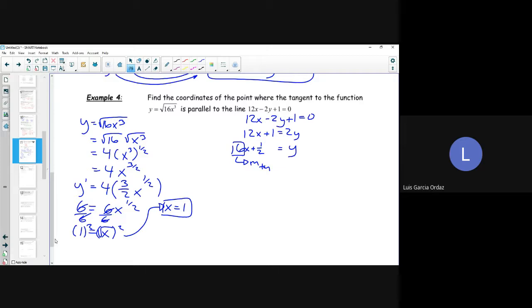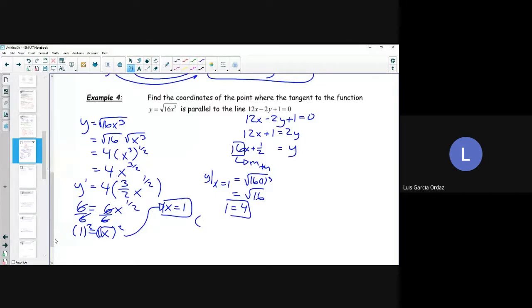So now what I have to do is sub in 1 to my original equation. So I'm going to sub in y, where x is equal to 1, which is equal to the root of 16 times 1 to the power of 3, which is equal to the root of 16, which is equal to 4.